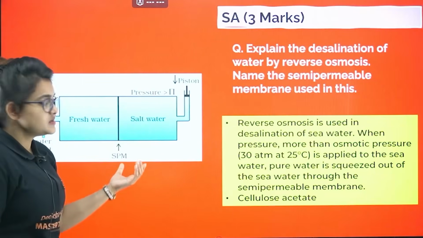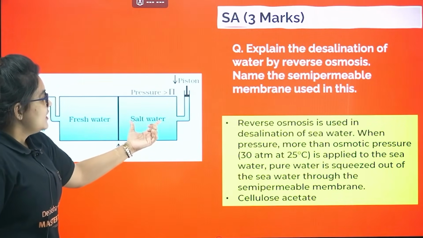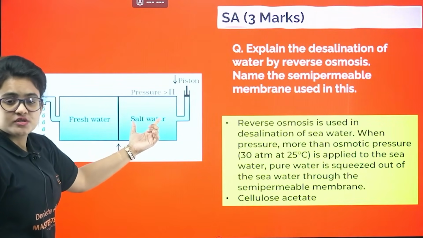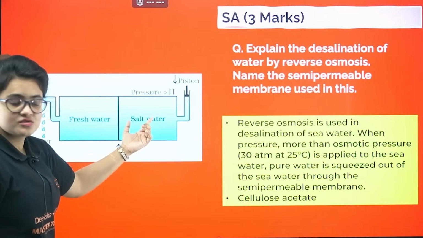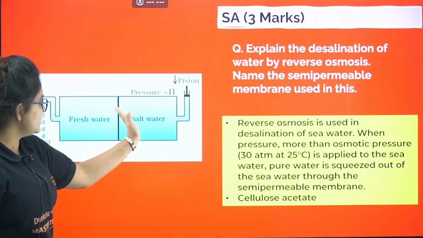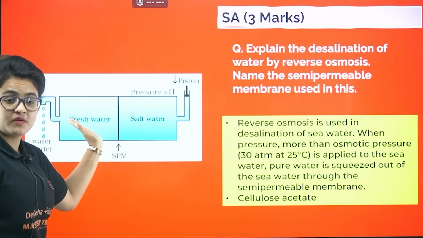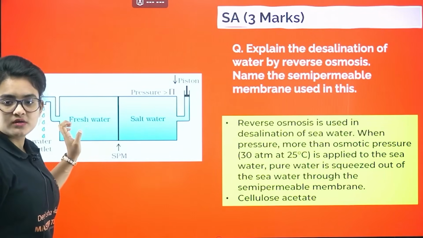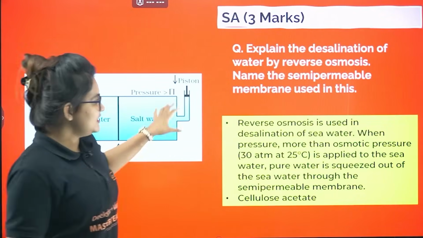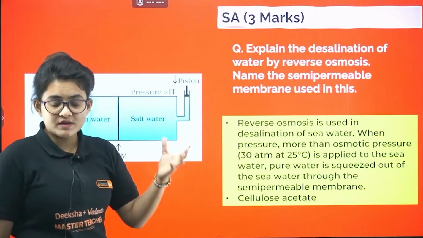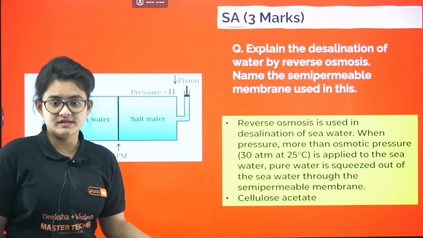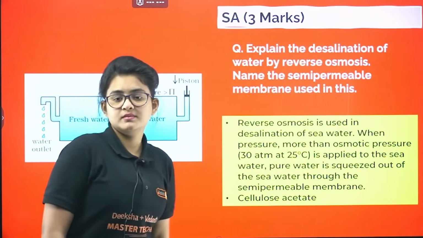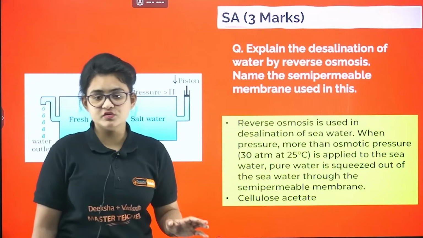As a result, solvent from the high concentration zone passes through the semi-permeable membrane to the fresh water zone where the concentration is low, and we collect the pure water. This is the reverse osmosis process that we use in desalination. And the membrane that we use here is cellulose acetate.